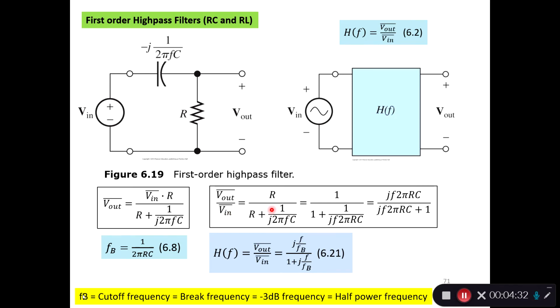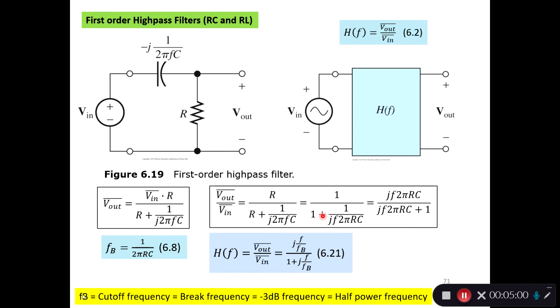So we have R divided by R plus the impedance of the capacitor. Now we divide both the numerator and the denominator by R, so it becomes 1 up here, and R jumps in here on this place because we divide by it.